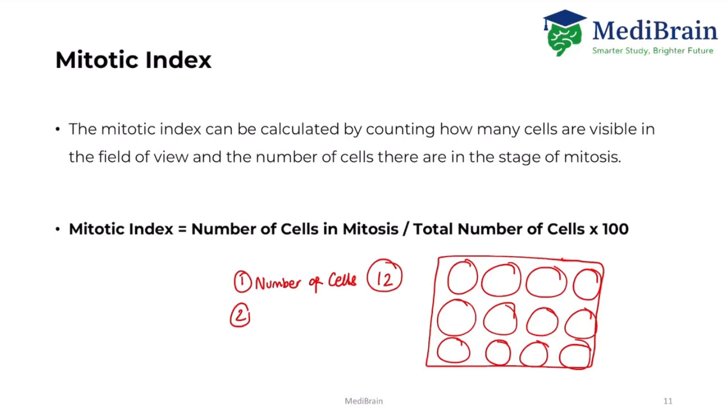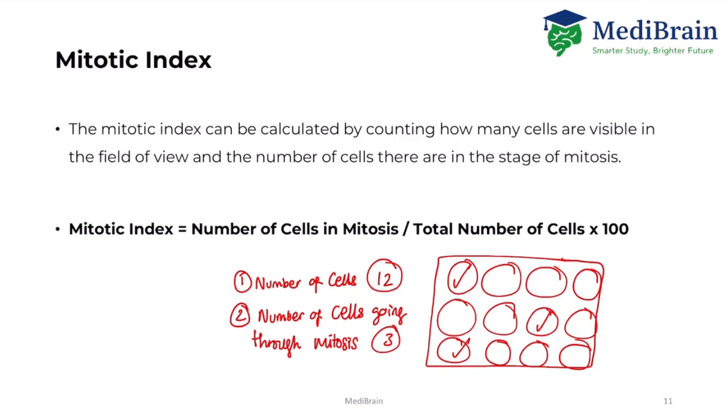You then count the number of cells going through mitosis. So let's imagine I said this is going through mitosis, this is going through mitosis, and this is going through mitosis. So I said that there were 3 cells which are going through mitosis.